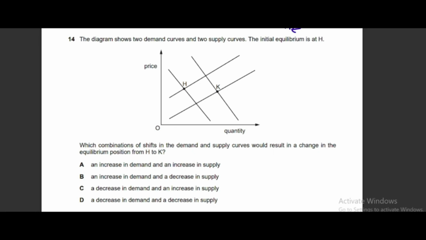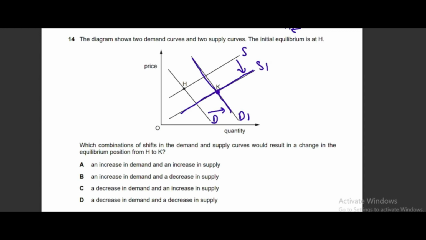Initially equilibrium is at H, it means this will be the supply curve and this will be the demand curve, and now equilibrium moves to K, it means demand has shifted to the right from D to D1 and supply has shifted to the right from S to S1. So new supply and demand curves S1 and D1 intersect each other at this point.